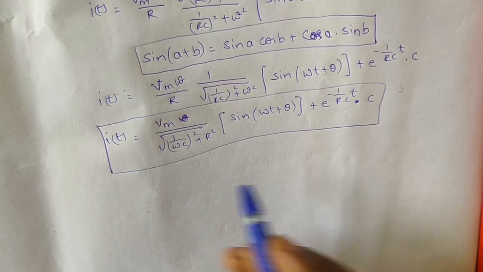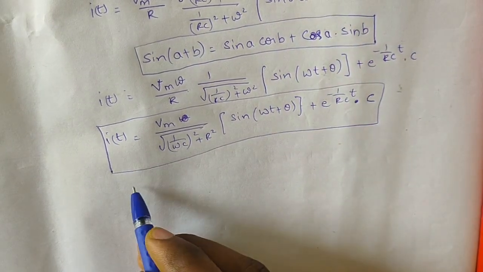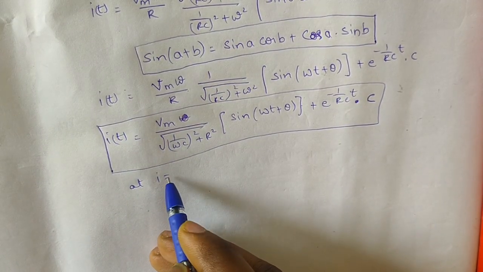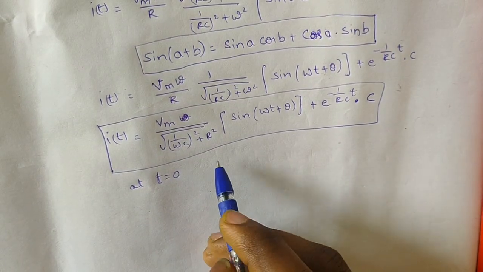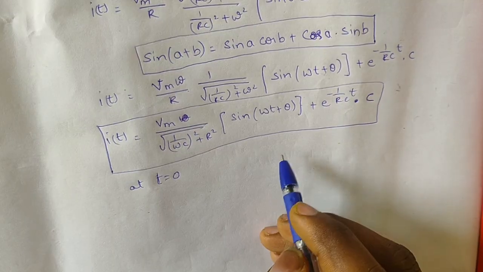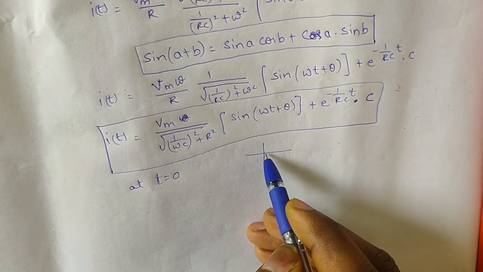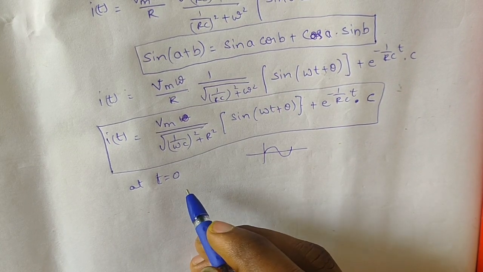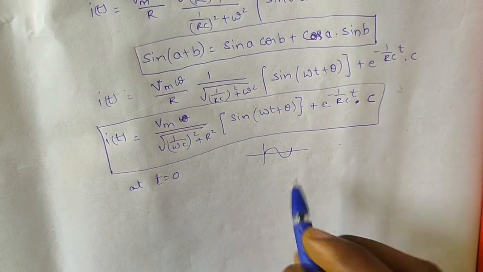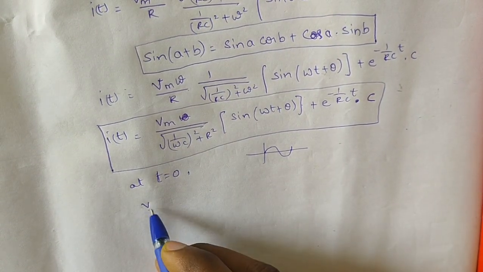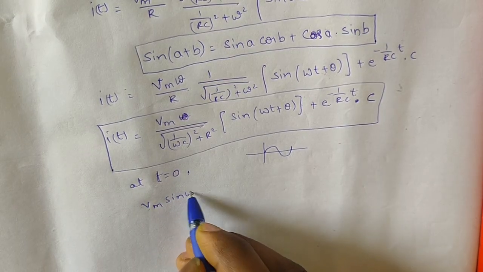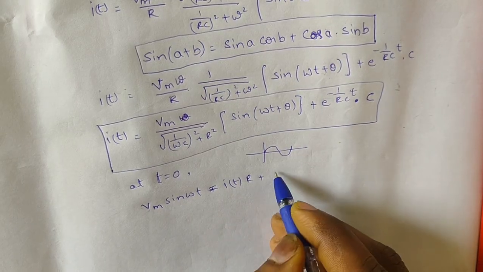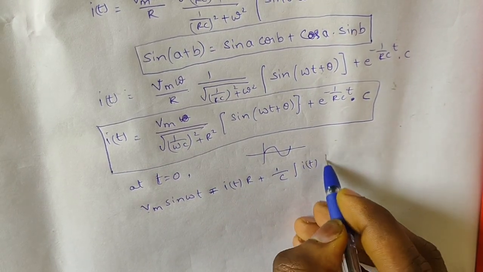So now we need to find this constant C at t equal to 0, the instant at which we are applying the sine wave. We will take the first equation, the basic equation, Vm sin(omega t) is equal to I of t into R plus 1 by C integration of I of t dt.